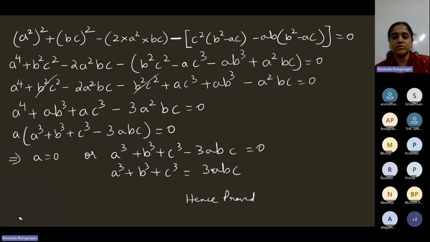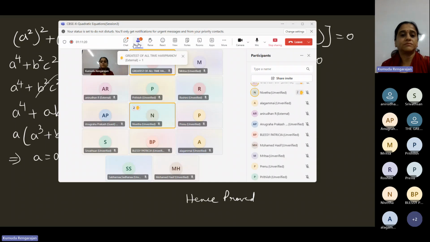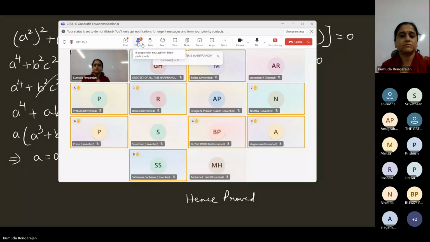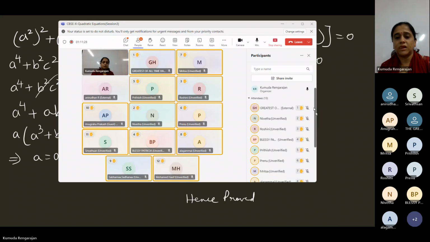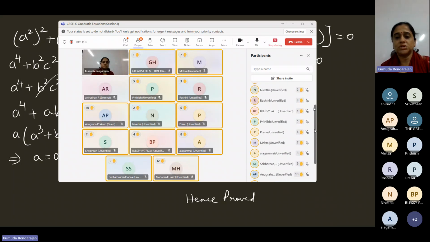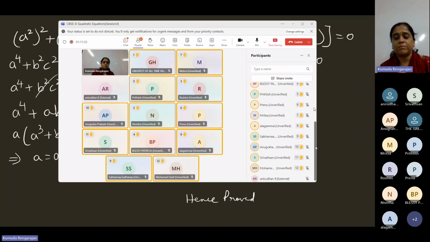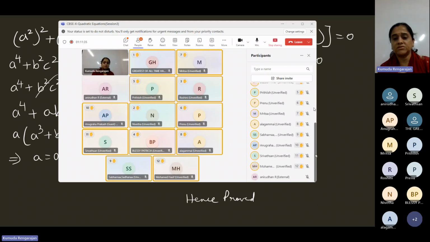Online children, any questions? Finished? Any questions? Online children, use the emoji, raise your hand. So Hari Pranav, Niveda, Roshni, Blessy, Pratish, Prenu, Mritsa, Aragamai, Sabarnan, Sadhna, Anugraha, Srivatsan, Hasif.